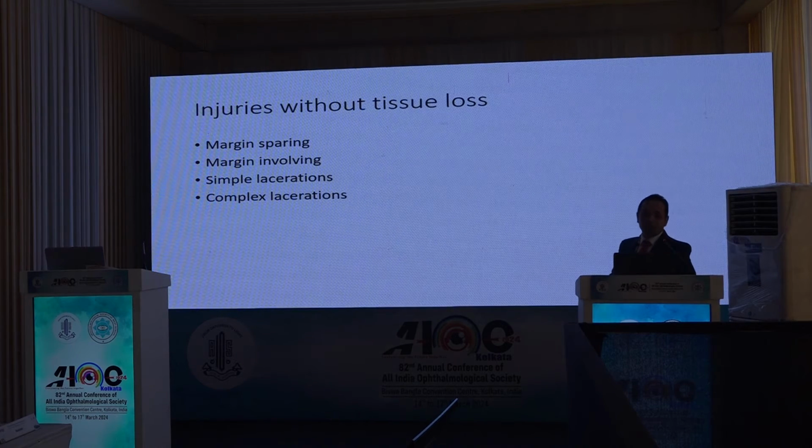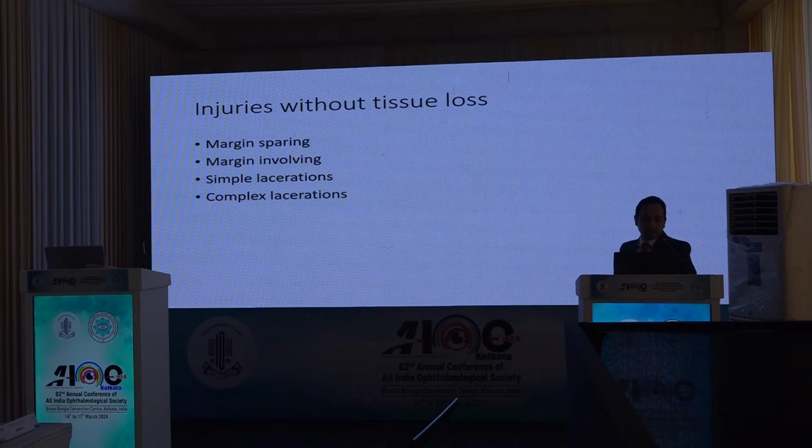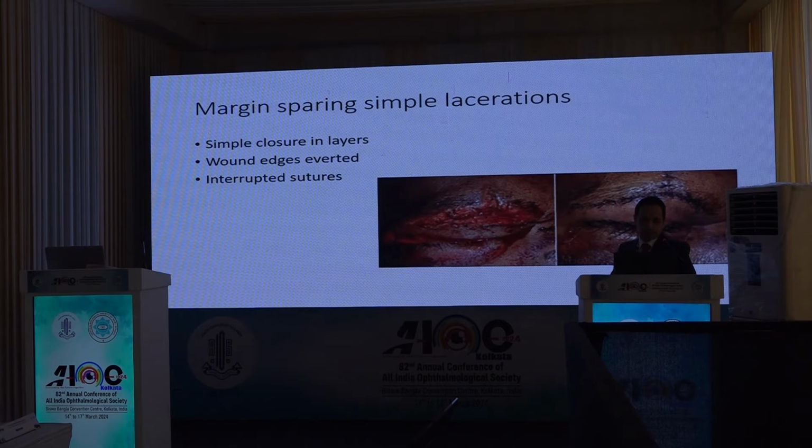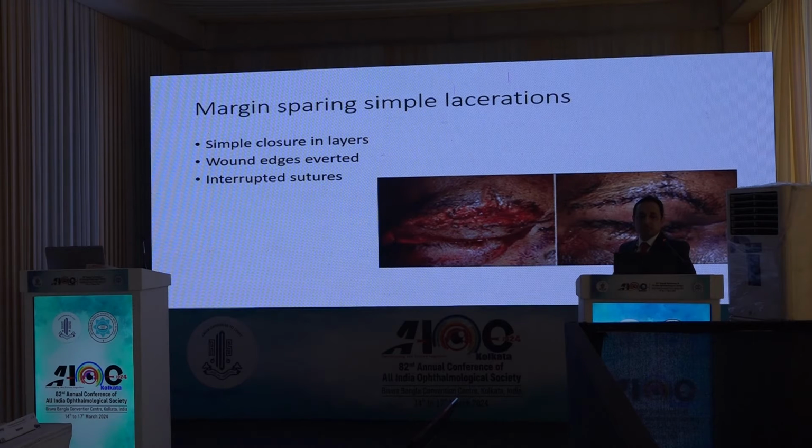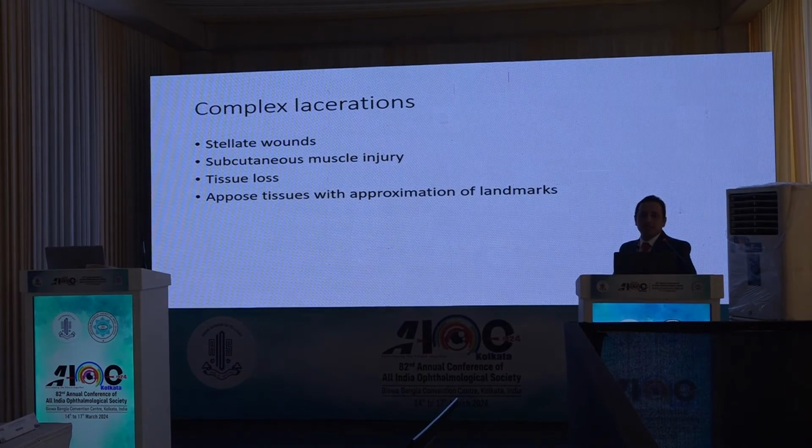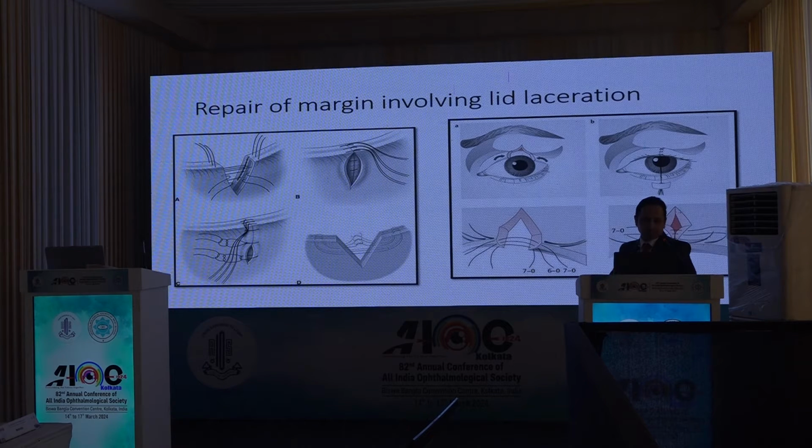Injuries without tissue loss may either be margin sparing, margin involving, or sometimes classified as simple ones or more complex lacerations. Simple margin sparing lacerations can be closed in layers as shown here, with an emphasis on eversion of the wound edges and use of interrupted sutures. More complex lacerations may require the wounds to be brought back in position, aligning them as best as possible with anatomical landmarks.